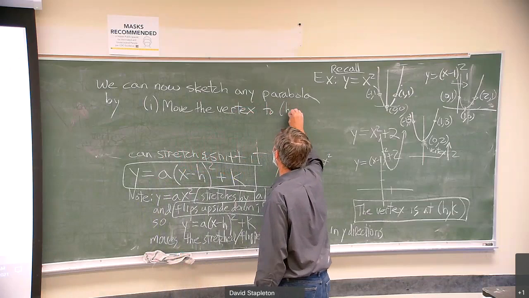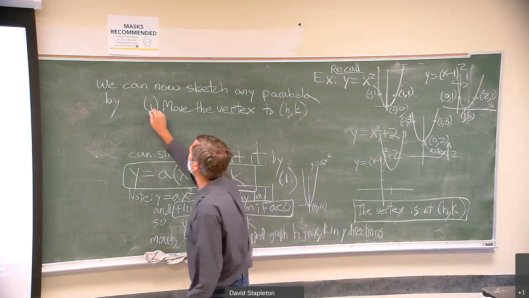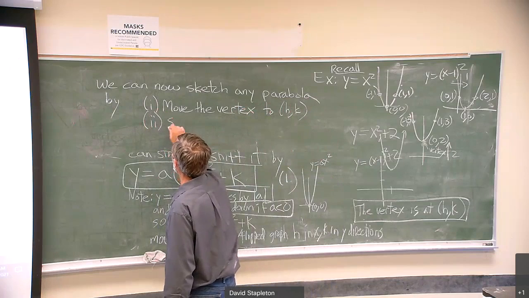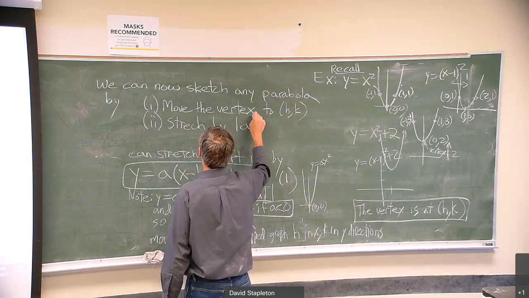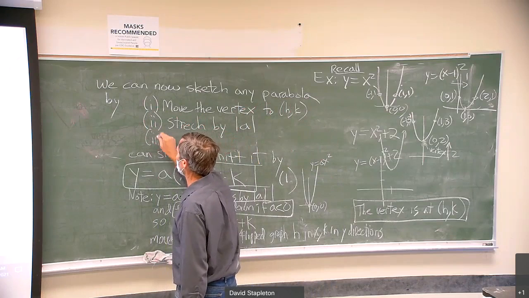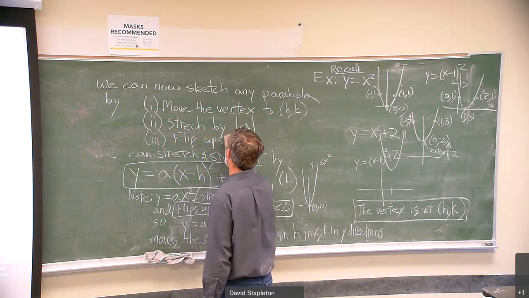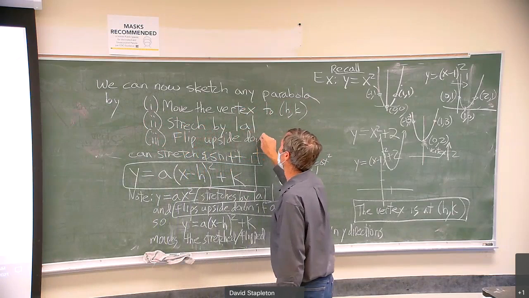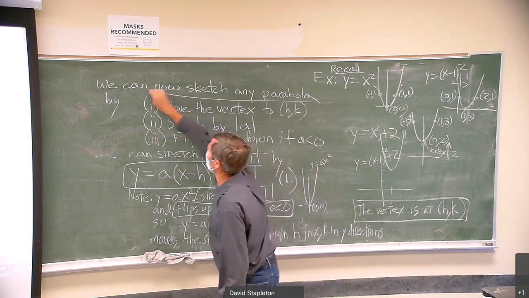One, move the vertex to (h, k), the point where it bottoms out or tops out. Two, stretch the thing by a factor of the absolute value of a, and flip it upside down if a is less than 0. That's the whole strategy of graphing parabolas.